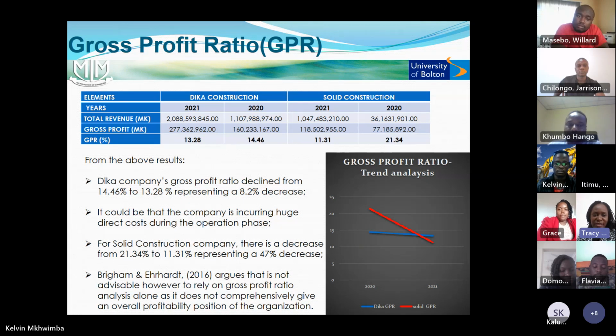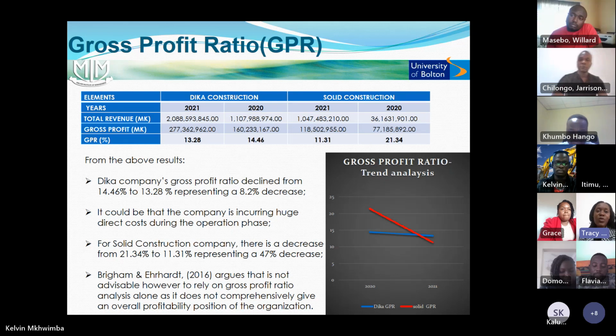However, maybe just to mention that there was a slight decrease for Dika Construction Company as compared to Solid Construction Company, but both gross profit ratios declined. However, as argued by Brian and Eradit in 2016, it is not advisable just to rely on the gross profit ratio analysis in determining the profitability of the companies, as the gross profit ratio does not provide a comprehensive outlook of the profitability.